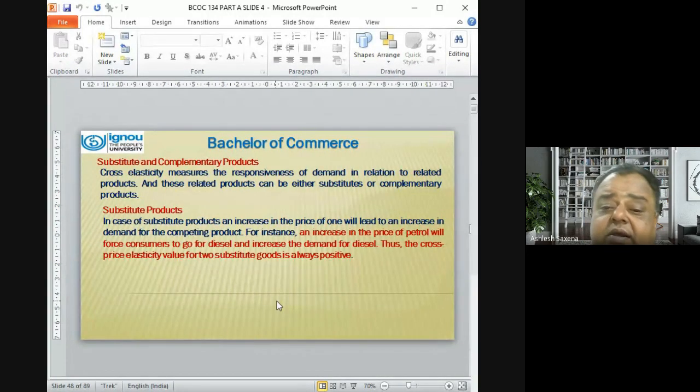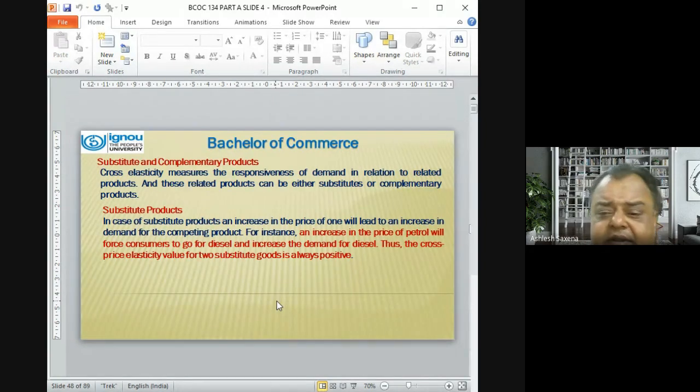Now, what are substitute and complementary products? Cross elasticity measures the responsiveness of demand in relation to related products, and these related products can be either substitutes or complementary products. As far as substitute products are concerned, an increase in the price of one will lead to an increase in the demand of the competing product.